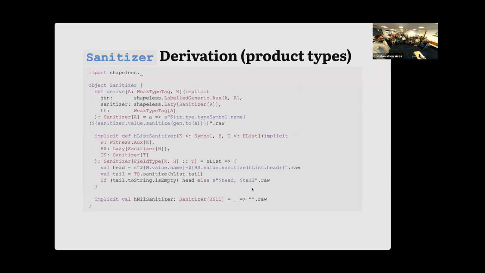We deconstruct the type to its generic representation with Shapeless, that's part of the library. And for every type we ensure that there is a sanitizer available for the head of the list and for the tail of the list, and apply that sanitizer to each individual type.